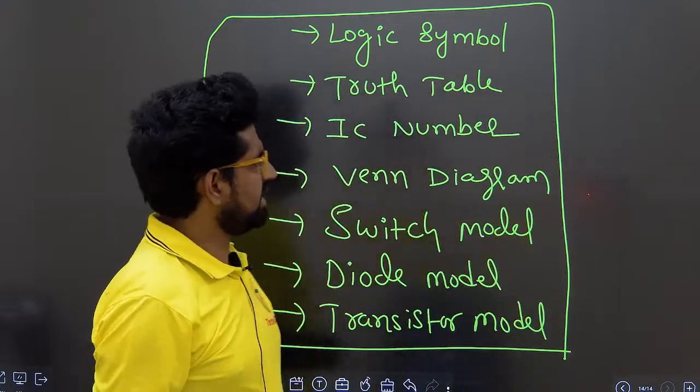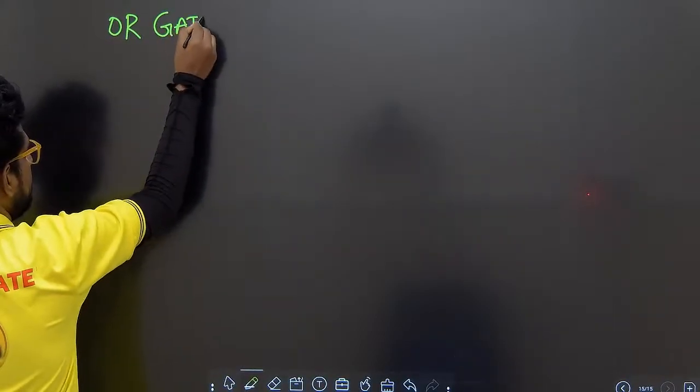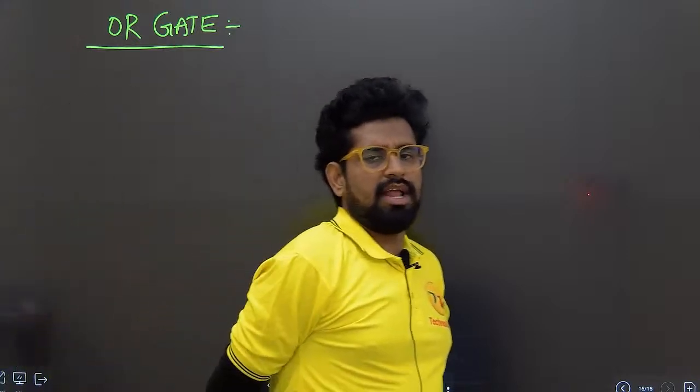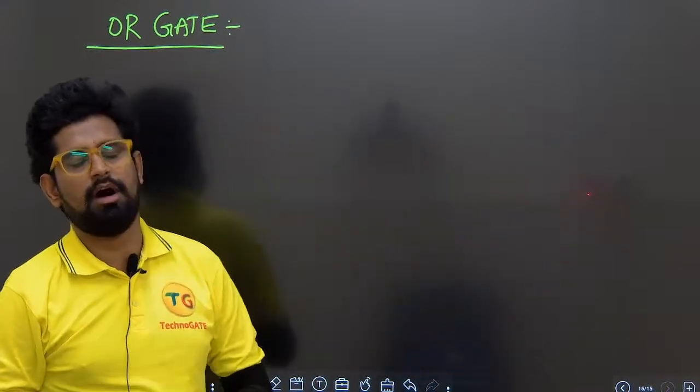Next, let us discuss the OR gate. This OR gate is also called a basic gate, because it is going to do the basic operations.